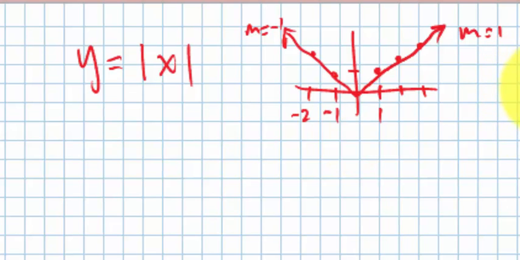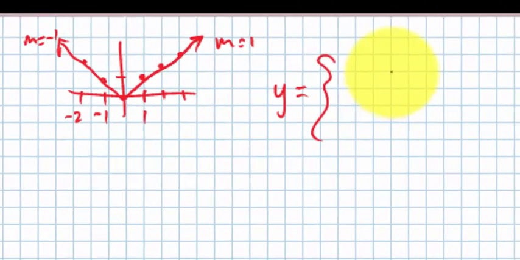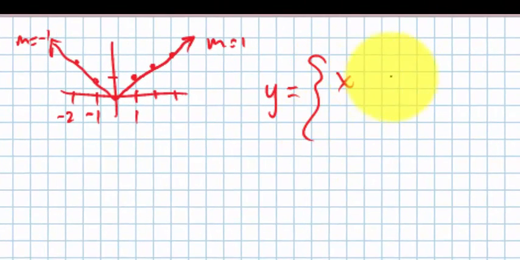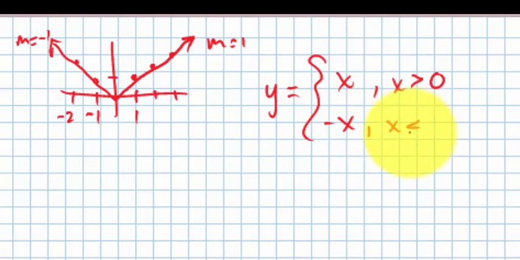We could give this equation as a piecewise function, y equals x when x is greater than 0, or y equals -x when x is less than or equal to 0. That's what this means, and we'll look more at that coming up in just a second.